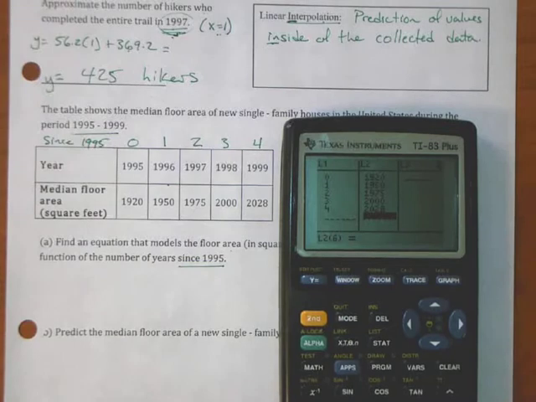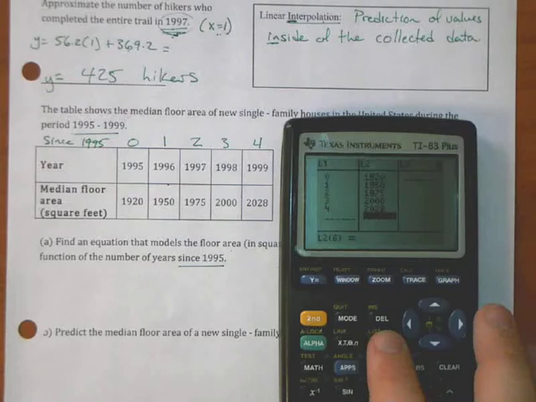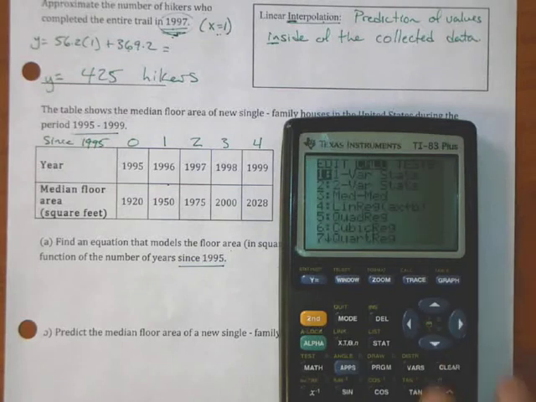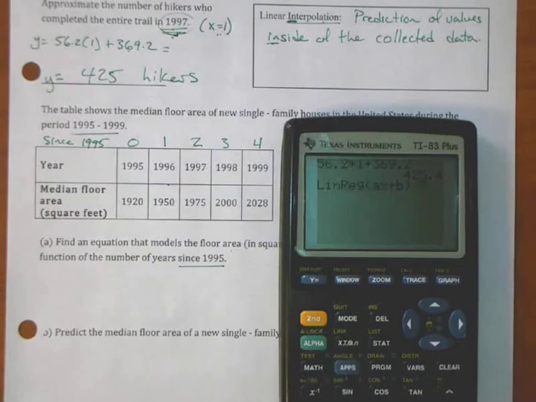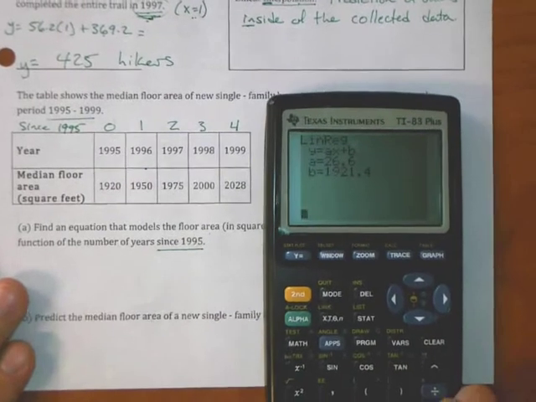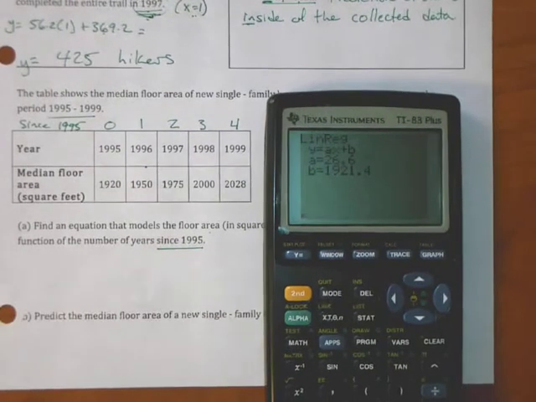Now if we want an equation, let's follow the box at the top. Hit stat, slide over to calculate, option 4, which is linear regression, and hit enter to run it. You should get these values for your line of best fit.